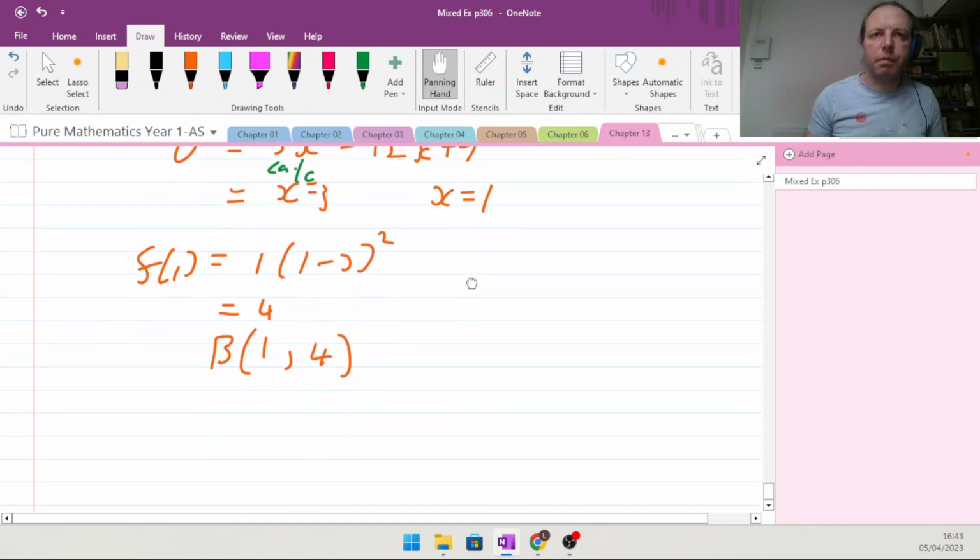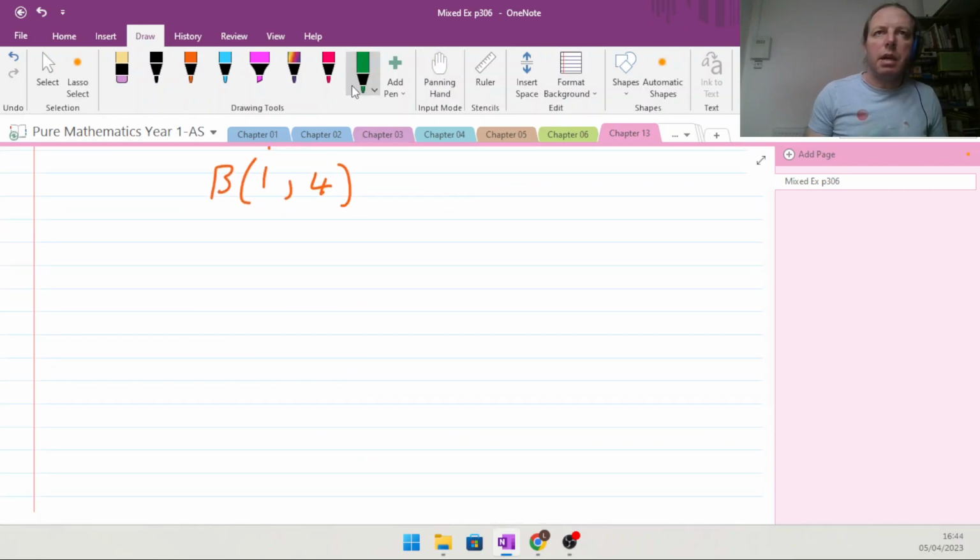Finally now, the shaded region is bound, so we need to do the integral between 3 and 0 for the original equation of x cubed minus 6x squared plus 9x.